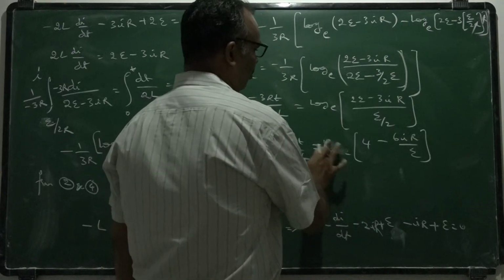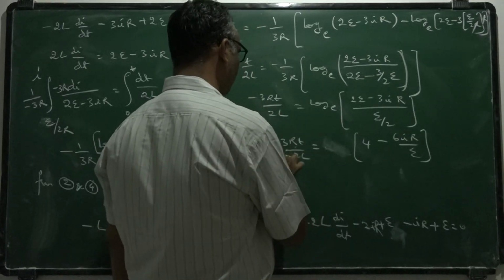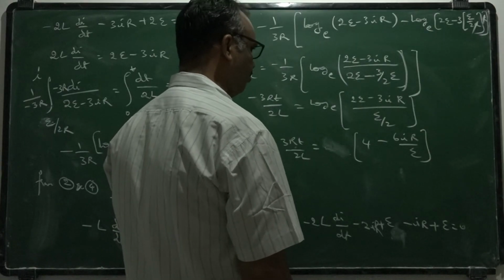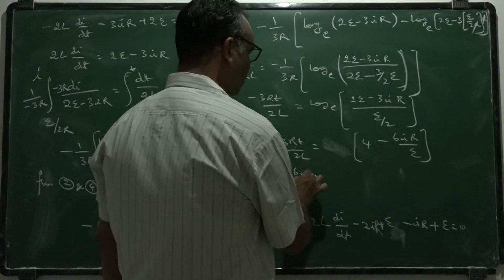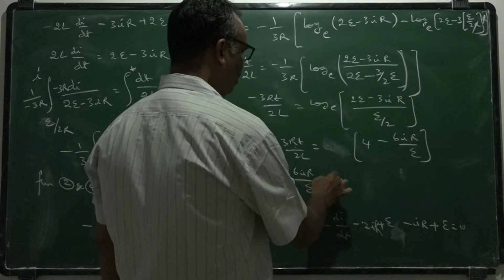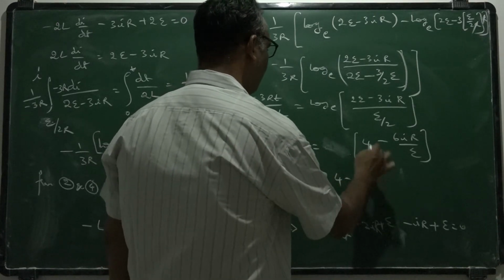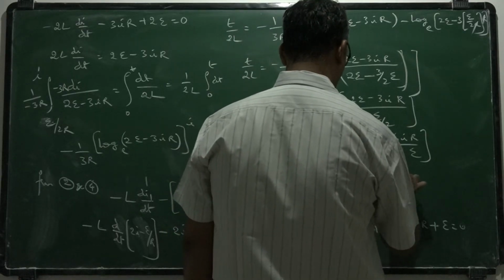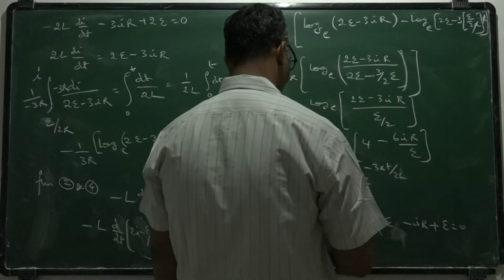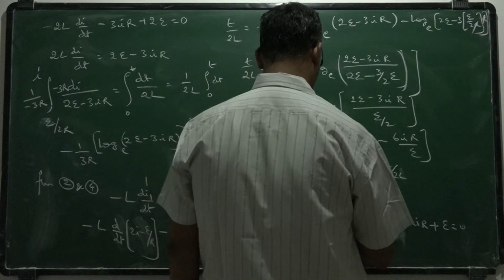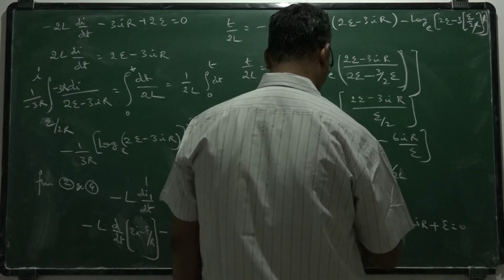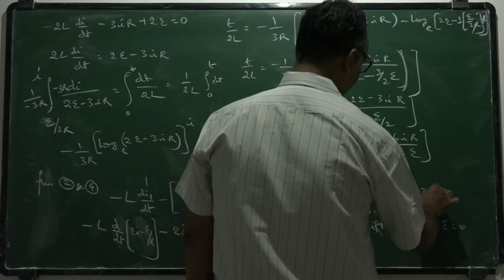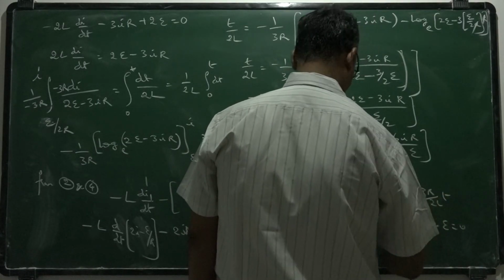If I remove the logarithm here, it becomes exponential. So 6IR by E is equal to 4 minus e power minus 3Rt by 2L. Strictly, if I need I, it is E by 6R into 4 minus e power minus 3R by 2L into t.